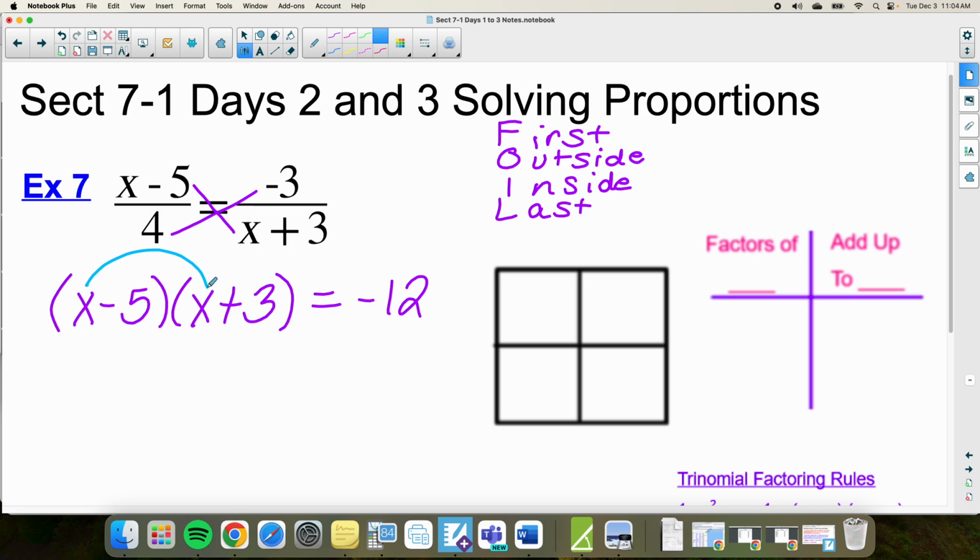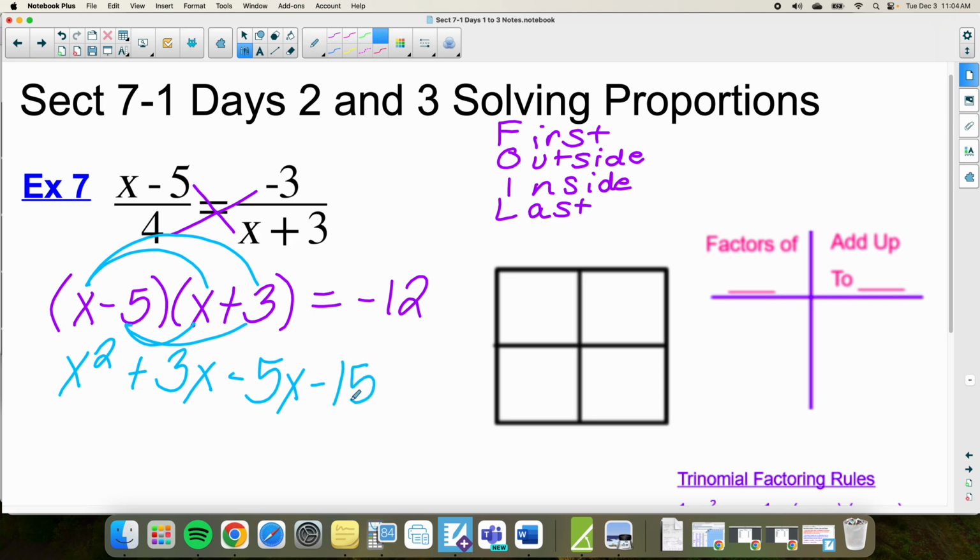Okay, so what I'm gonna do then is I'm gonna FOIL this. The F is first, so that's x times x, which is x squared. The O is outside, so that's x times 3, which is 3x. The I is inside, which is negative 5x. L is last, which is negative 5 times 3, which is negative 15.